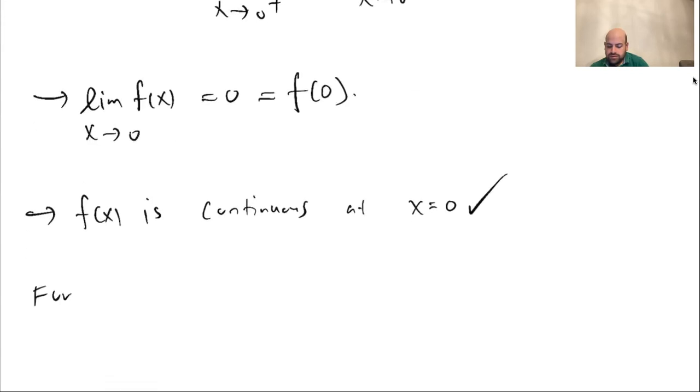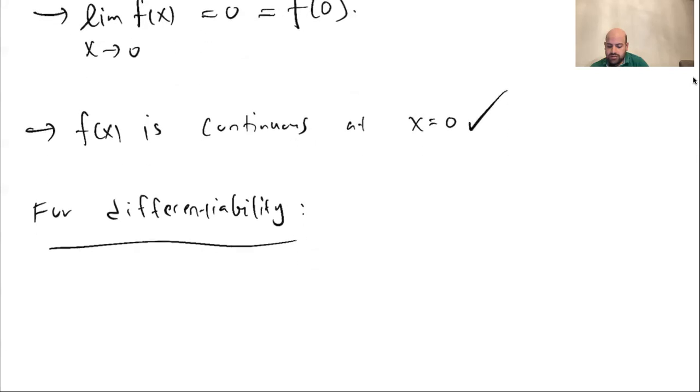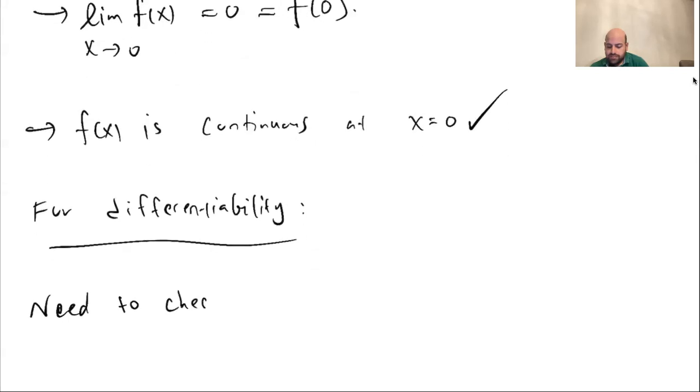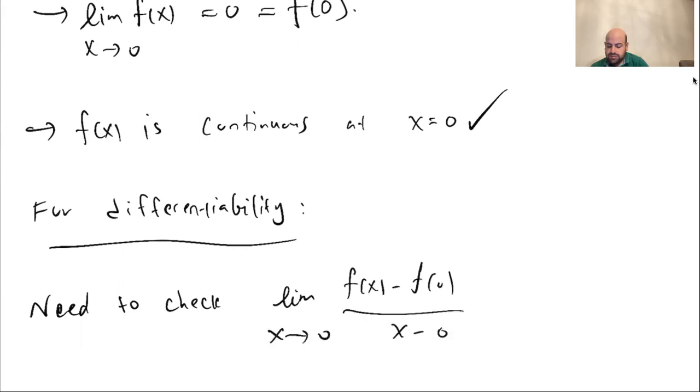For differentiability, what do we need to check? We need to check the limit of f of x minus f of 0 over x minus 0, as x approaches 0.